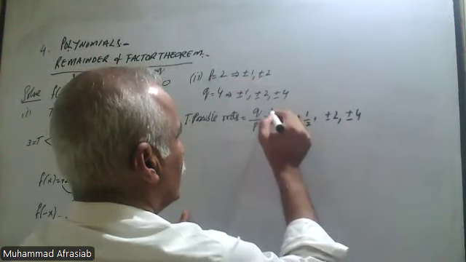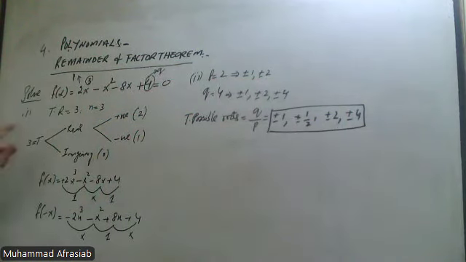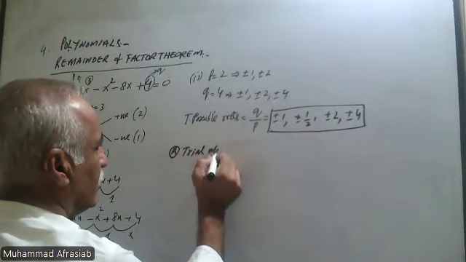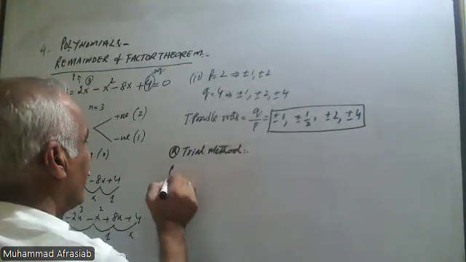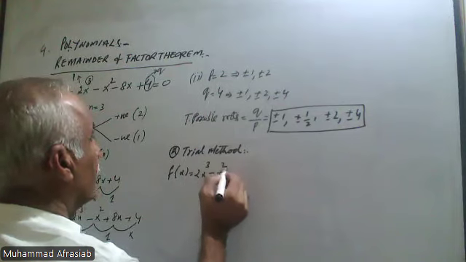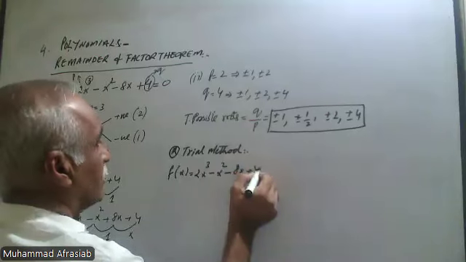So this is the total possible list of values which we can put into this equation, f of x is equal to 2x cube minus x square minus 8x plus 4 equal to 0. So we'll use the first method, the trial method. That is, f of x is equal to 2x cube minus x square minus 8x plus 4.